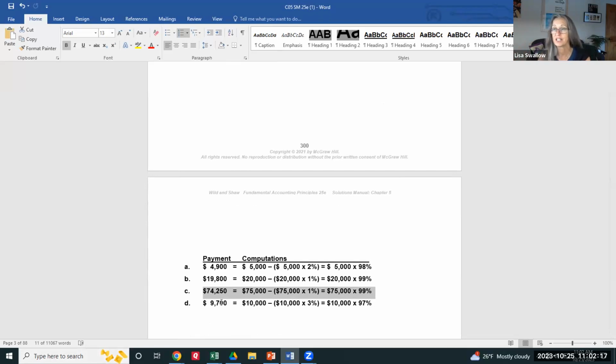So the question is here, if you set up a T account for inventory and you're journalizing the purchase of that inventory. So let's just try one here. So set up a journal.